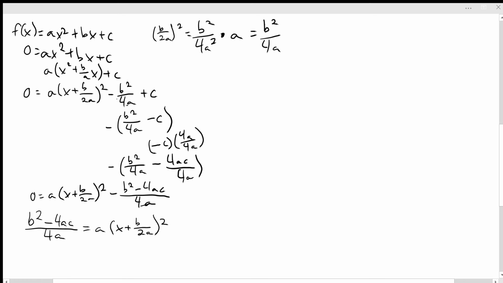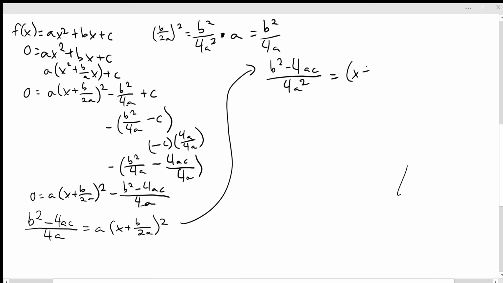When we do that, let's bring it up to the top here, we'll have b squared minus 4ac all over 4a squared equals x plus b over 2a quantity squared. So the next thing we want to do is take the square root of both sides.